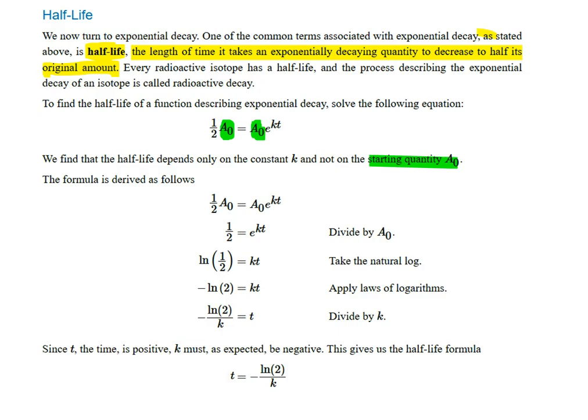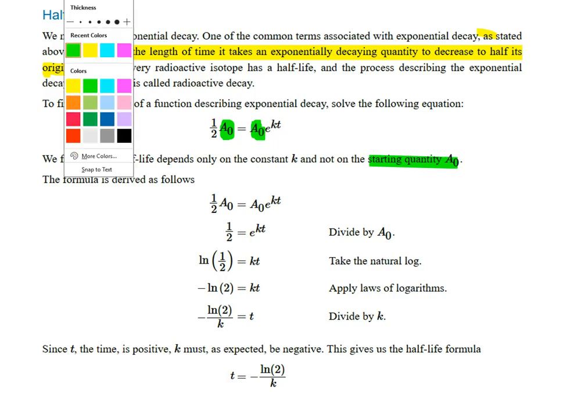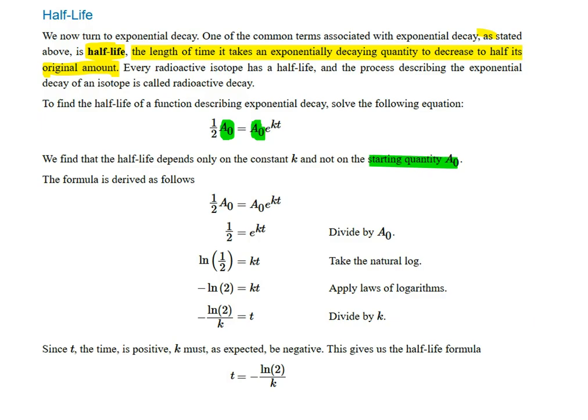They take the log of both sides, and then they change the 1/2 to a 2 to the negative first, and move the -1 out in front using that log rule, and then they divide off the k, and they end up with time equaling the negative of the natural log of 2 divided by k.